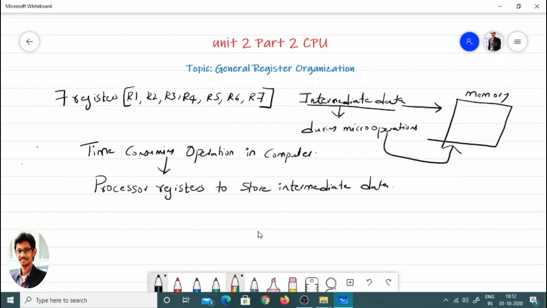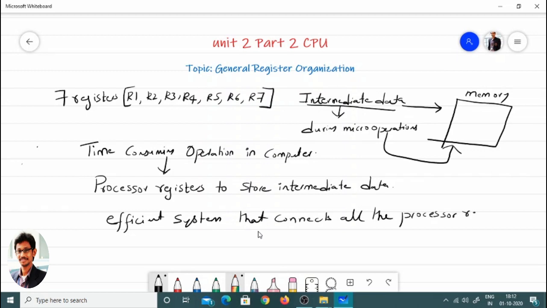Now, in this organization, we are using 7 processor registers. If there are many processor registers, then there is a requirement of an efficient system that connects all the processor registers. That efficient system is the common bus system.